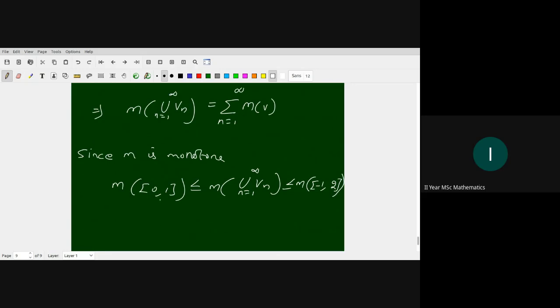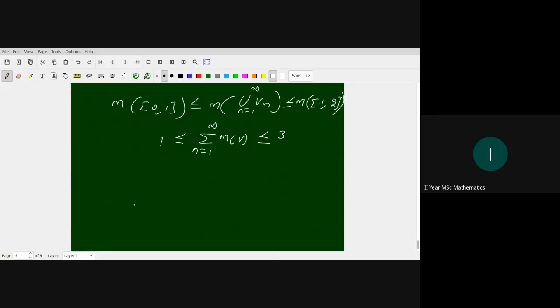The measure of [0, 1], the interval of length 1, is less than or equal to the summation n from 1 to infinity of m of B, which is less than or equal to the length of [-1, 2], which is 3.